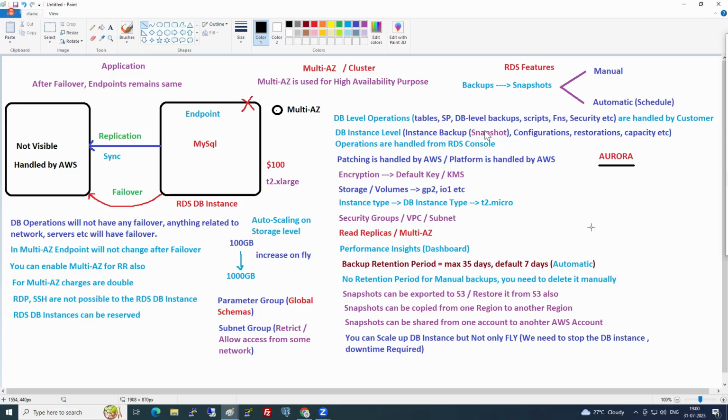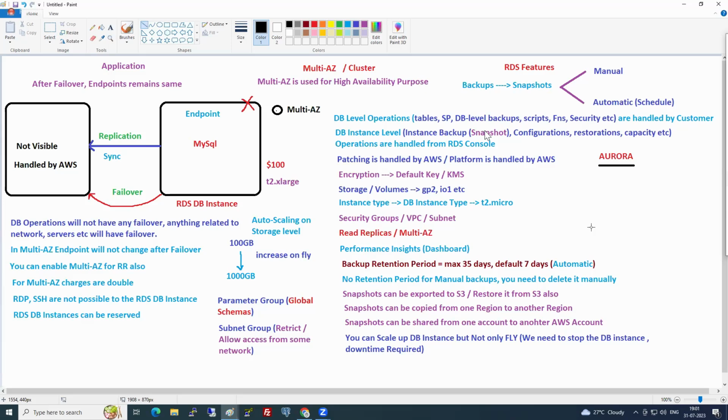When you are launching the MySQL engine, AWS will say, try Aurora, Aurora is good. When you are launching Postgres, try Aurora. Because whose product is that? AWS product. Aurora is compatible with your MySQL and Postgres, and it is 5 times faster than your Postgres and MySQL. How much? 5 times faster.